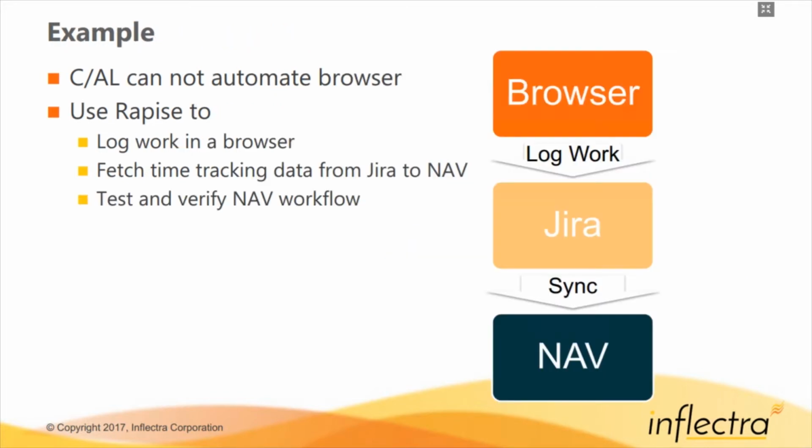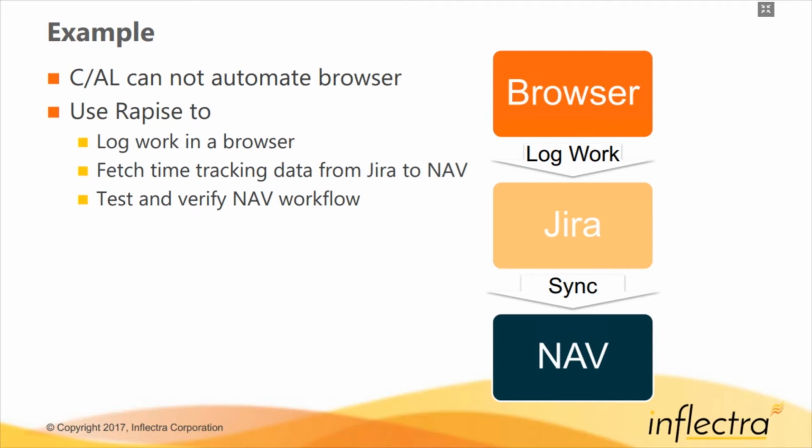So let's look at a real-life example where integration and end-to-end testing is required. We have a partner who tests the following application. This is a Jira plugin that allows you to log time tracking information.